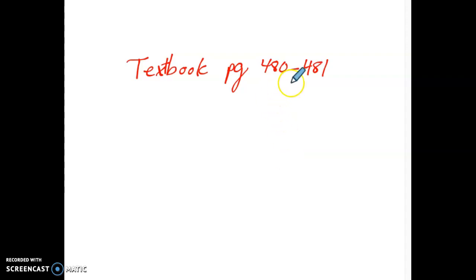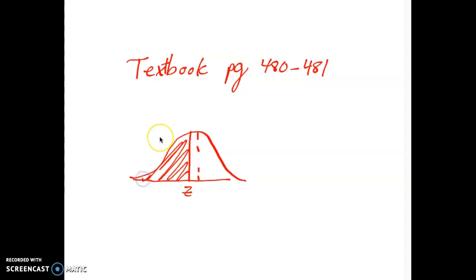If you turn to 480, 481, you will see a Z-score table. What this table does is, if we tell it a z-score, that z value we just calculated, and we look it up in the table, it gives us the probability of being less than z.